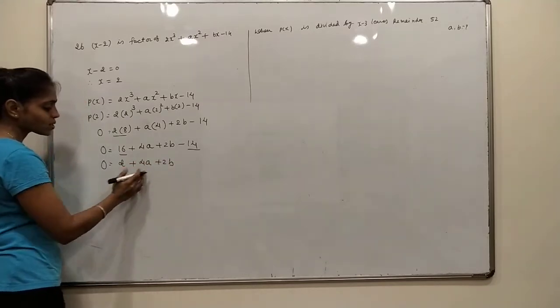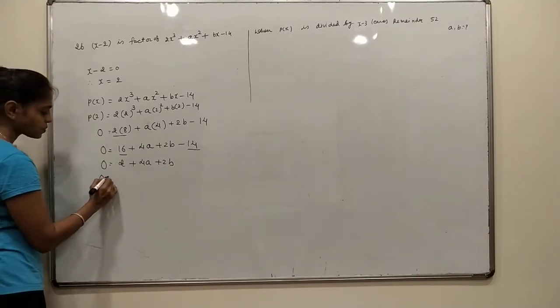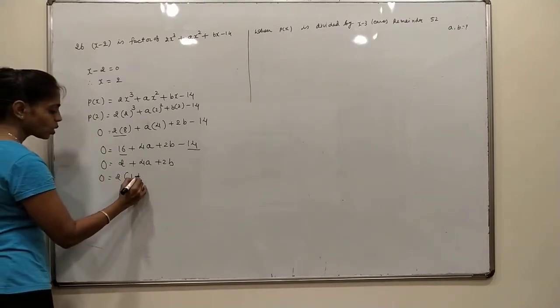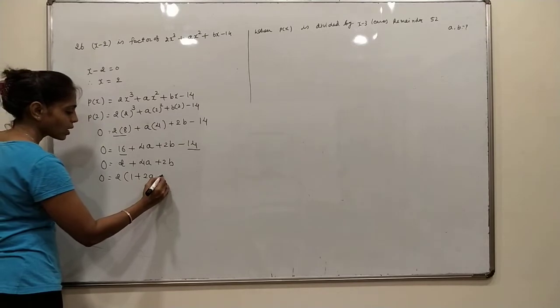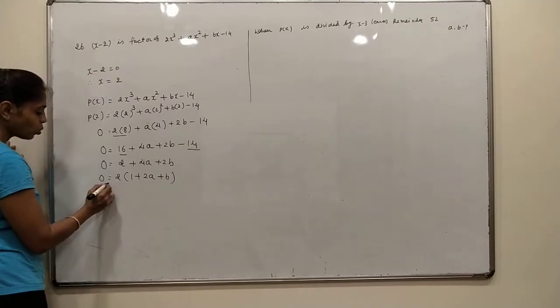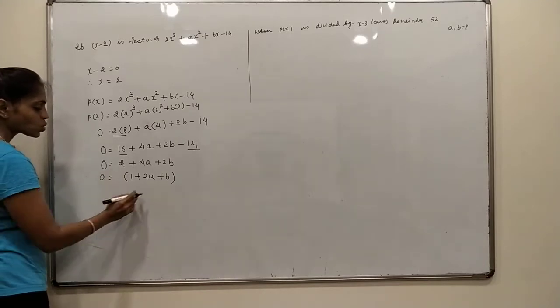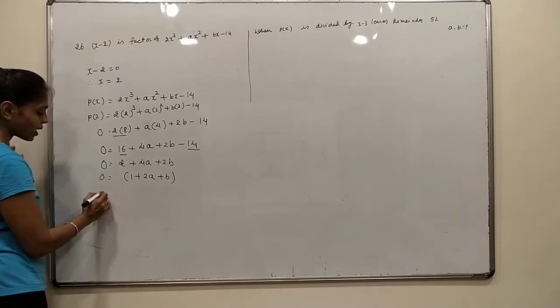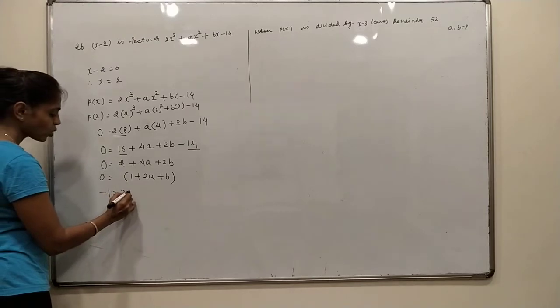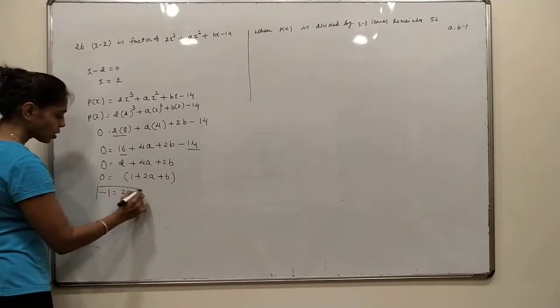You can see the 2 is common in all the three terms. Take 2 common: 1 plus 2a plus b. 2 goes down, so 0, 0. So 2a plus b, 1 goes to the other side so -1. 2a plus b equal to -1.